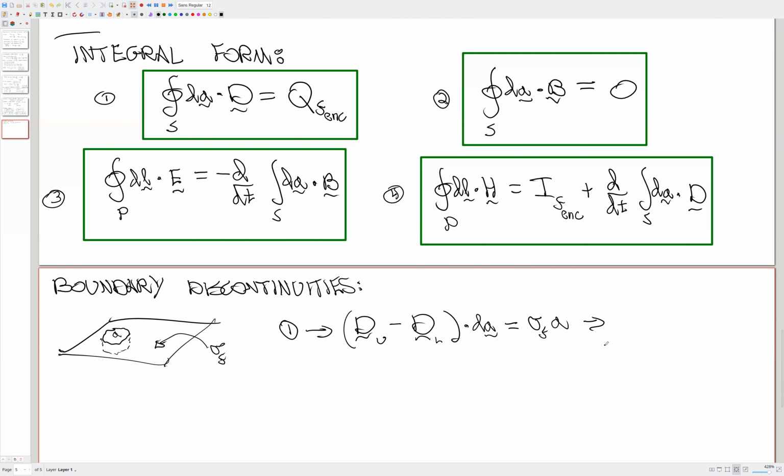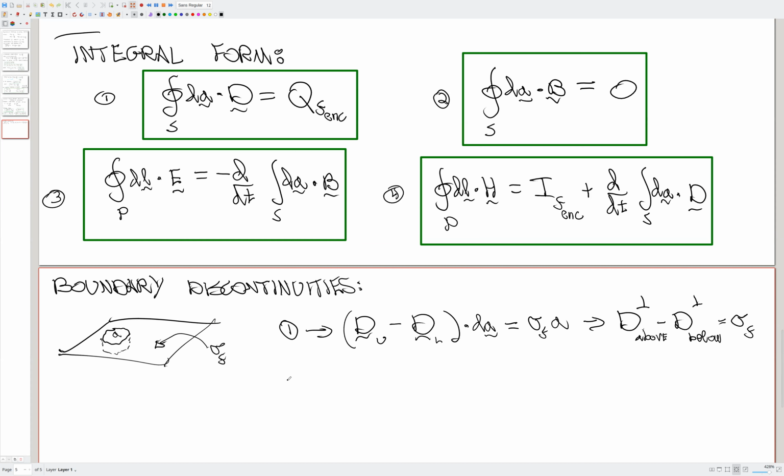So what this tells me is that the perpendicular component of D above minus D perpendicular below is just sigma f. Okay, it's just precisely the same reasoning that we've always done, now just with different symbols.